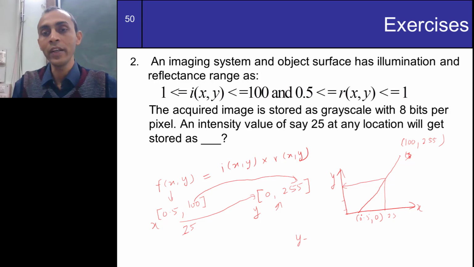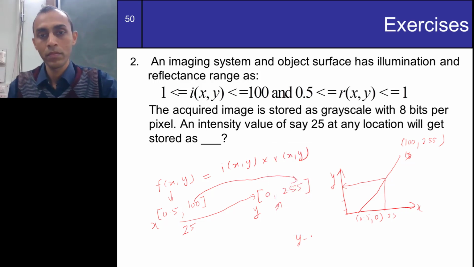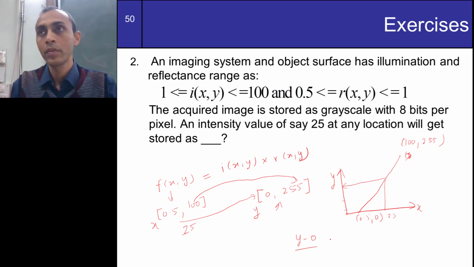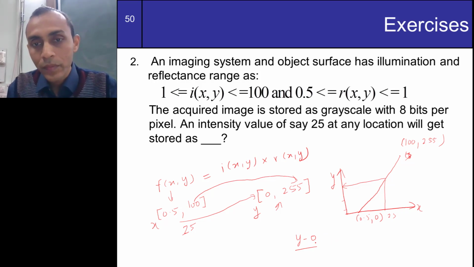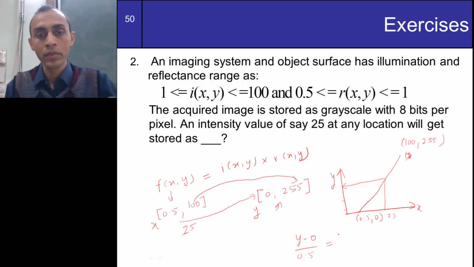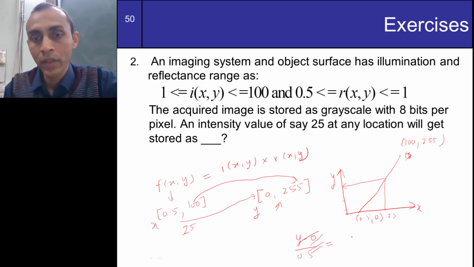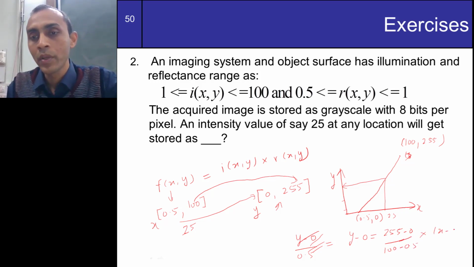So how do you get the equation of the straight line? y minus 0 equals 255 minus 0 upon 100 minus 0.5, into x minus 0.5.